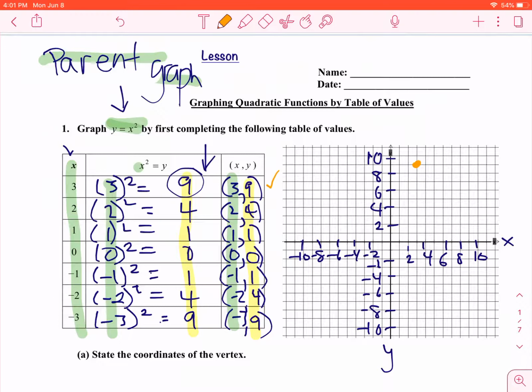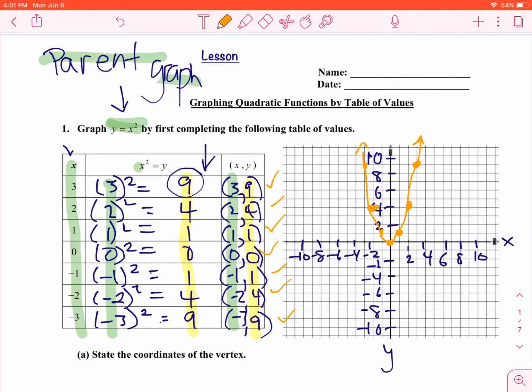I make a dot, okay? 2, 4, it's going to be our second point that I'm graphing. 1, 1, 0, 0, negative 1, positive 1, negative 2, positive 4, and negative 3, positive 9. You're then going to take those points and draw a U-shaped figure with arrows at the end.